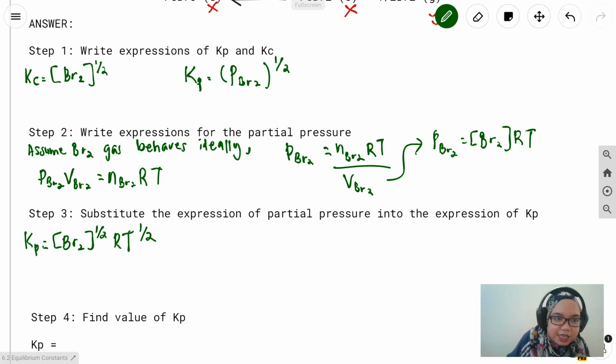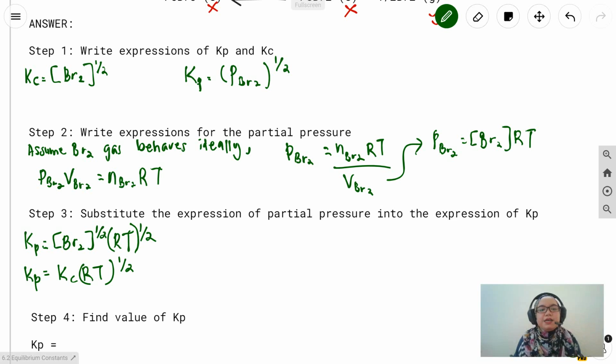So, we know that Kc is equal to the concentration of Br2 to the power of 1/2. Same, right? So we will substitute it like this. So Kp now is equal to Kc RT to the power of 1/2.